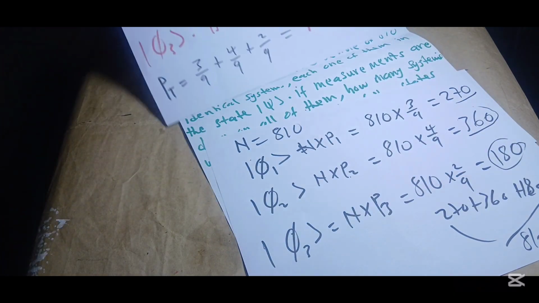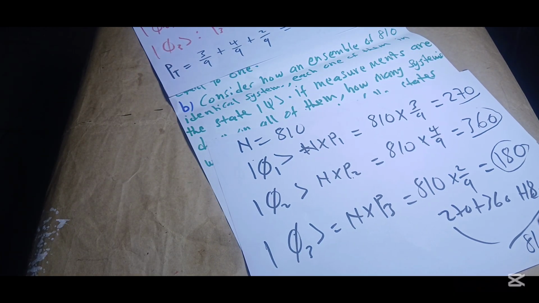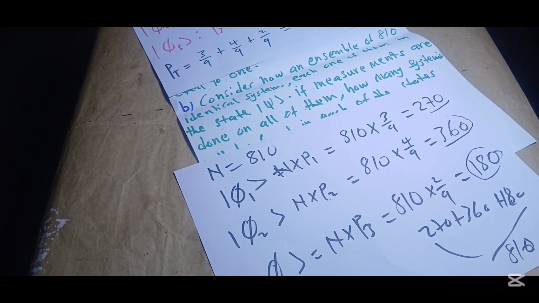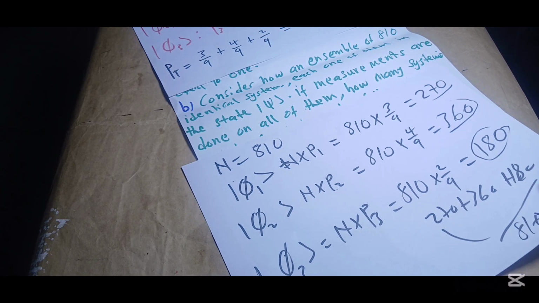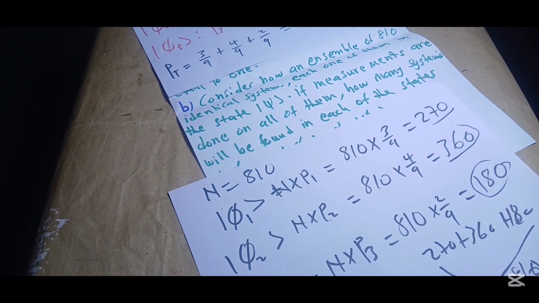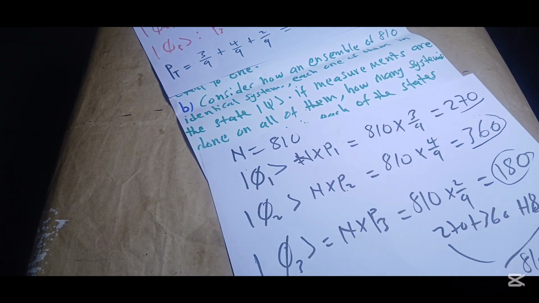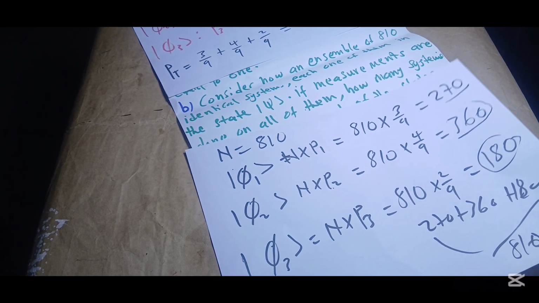And part B is asking us that an ensemble of 810 measurements were taken, that we should look for how many systems will fall on phi 1, phi 2, and phi 3.